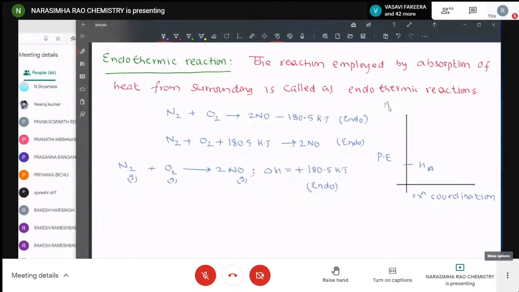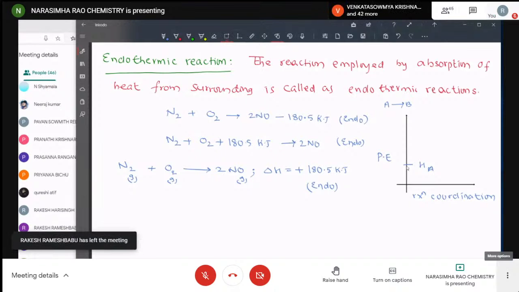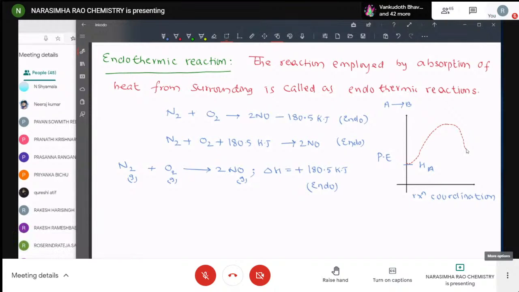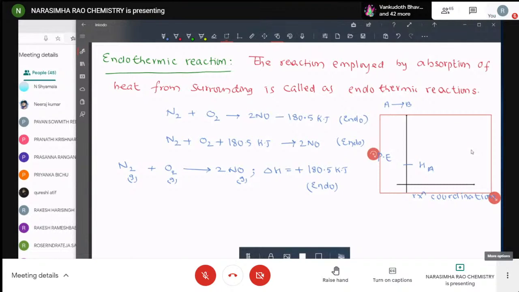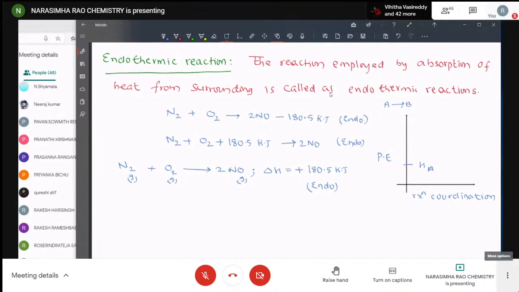The reaction is A gives B. This is the enthalpy of A. Now this A gains energy, reaches a maximum and converts to B. This is B. This is the enthalpy of B. Right, children?